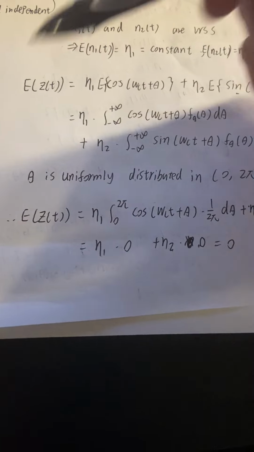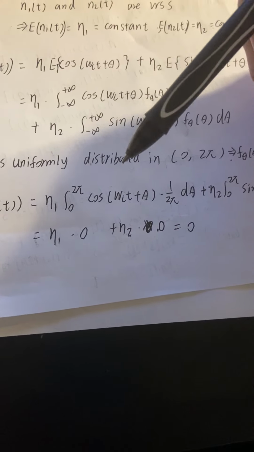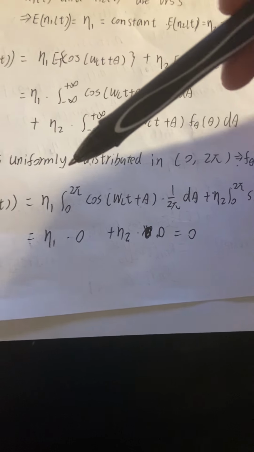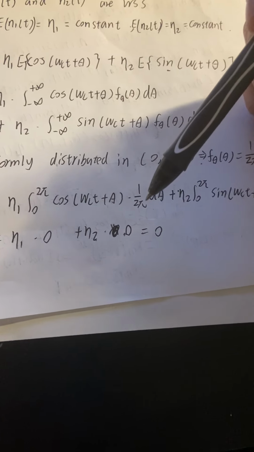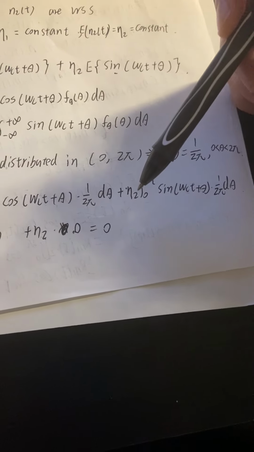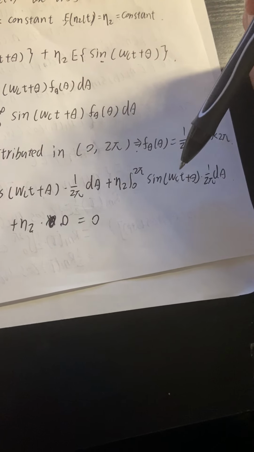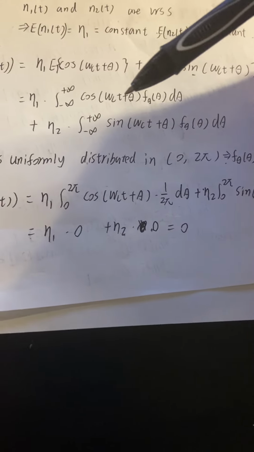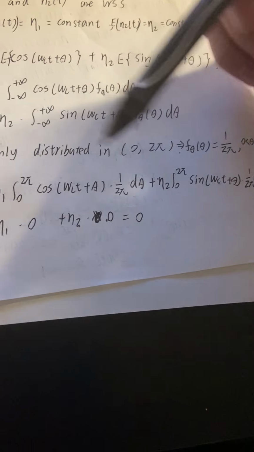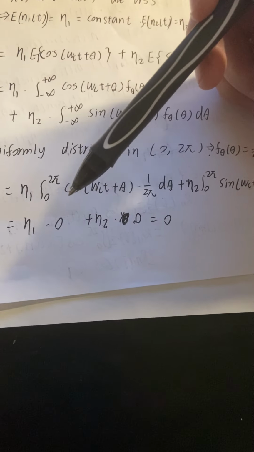So we can rewrite the expected value as eta1 times the integral from 0 to 2 pi of cosine times 1 over 2 pi d theta, and the second term is eta2 times the integral from 0 to 2 pi of sine times 1 over 2 pi d theta. For the cosine and sine functions, when the lower bound is 0 and the upper bound is 2 pi, the result of the integral is 0.